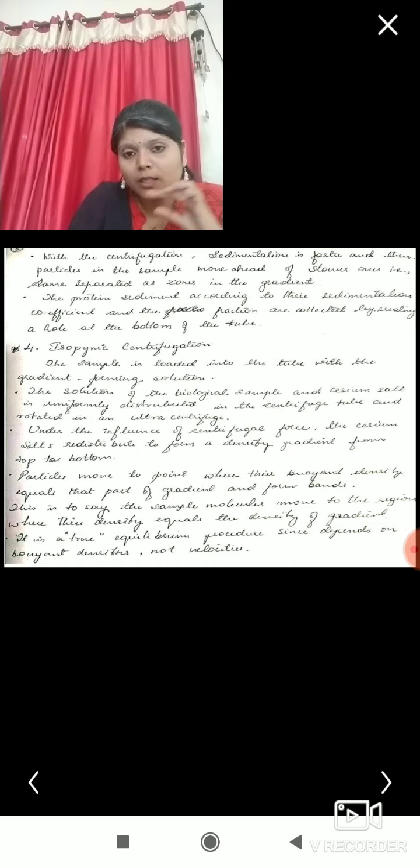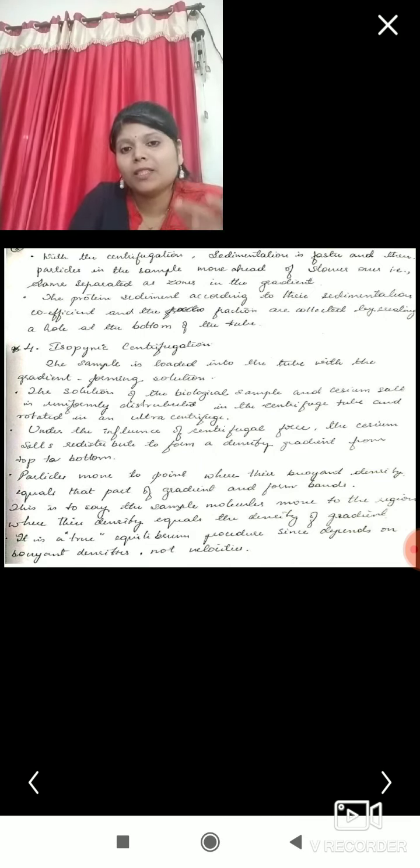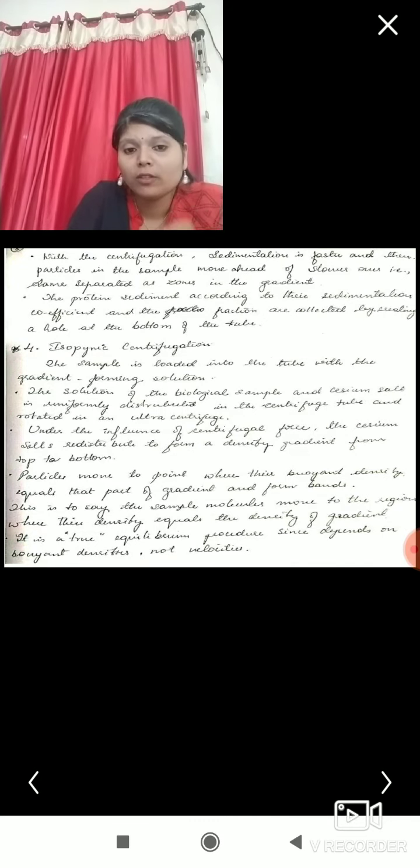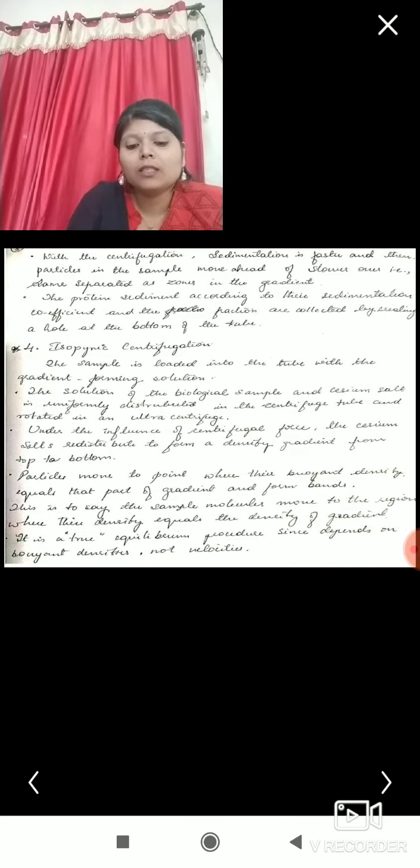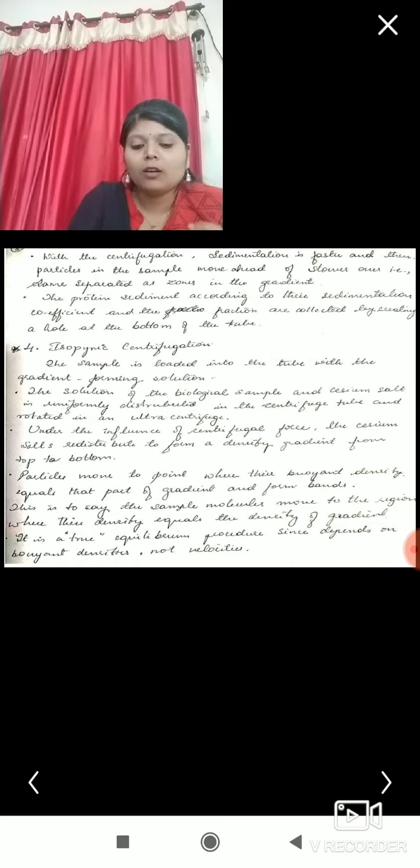Where a particular substance starts floating, at which particular zone the particles or the material start floating or the buoyancy is seen, there the buoyant density equals that part of the gradient, and there is a formation of bands.